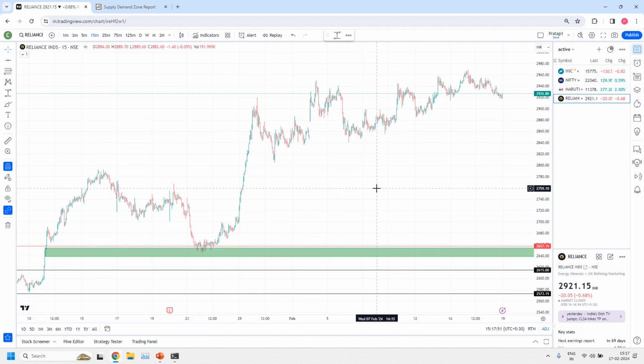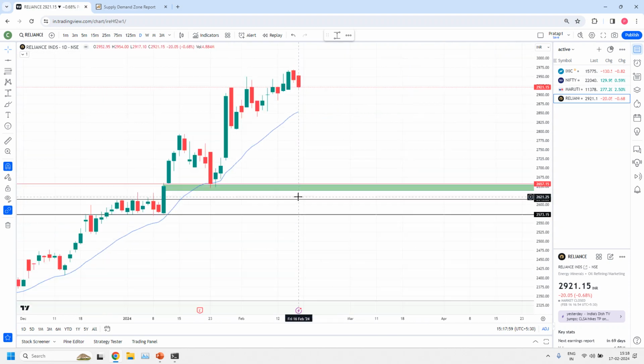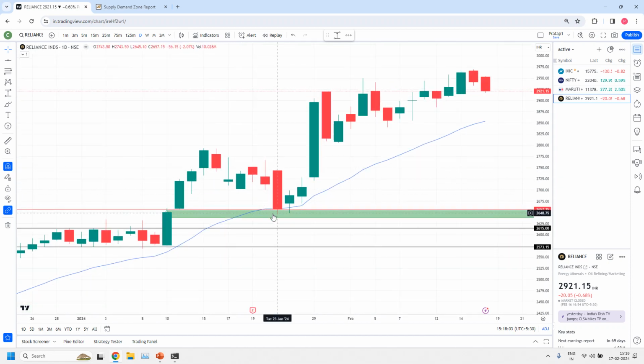If you look from the daily time frame point of view, let me get into the daily time frame. Now look into the trade here. So this is the daily EMA. At the daily EMA, because there is no daily zone, we have a 15 minutes demand zone.